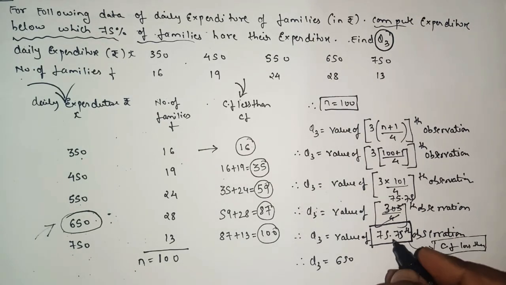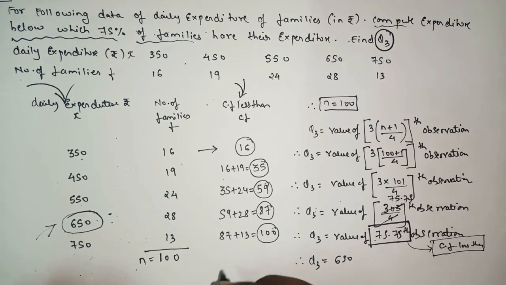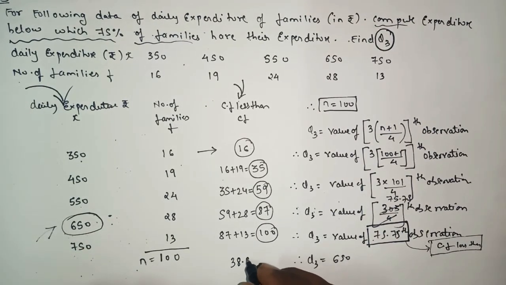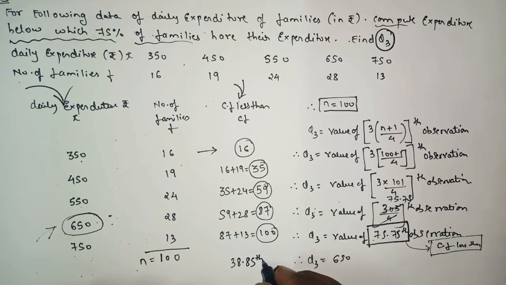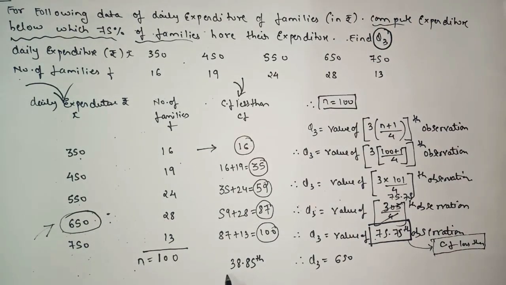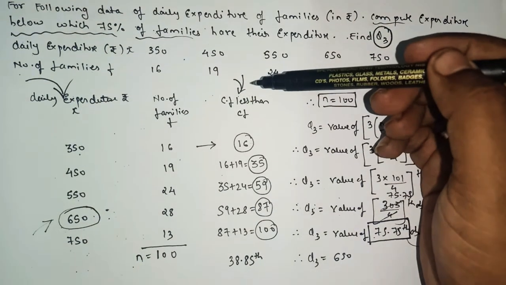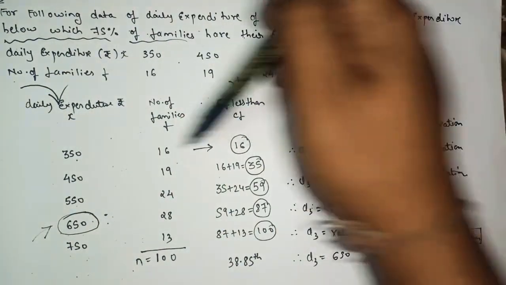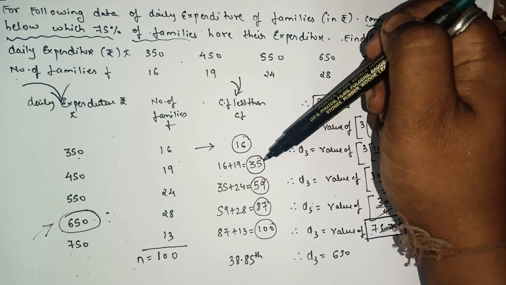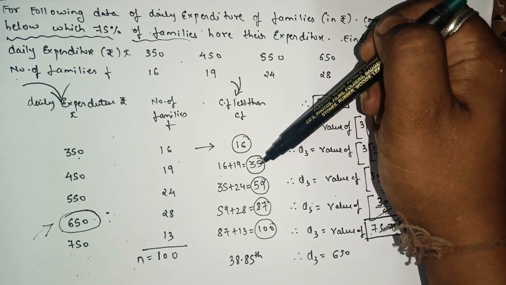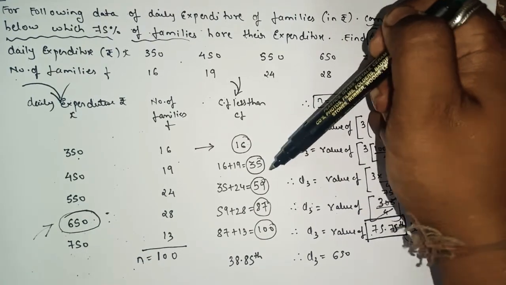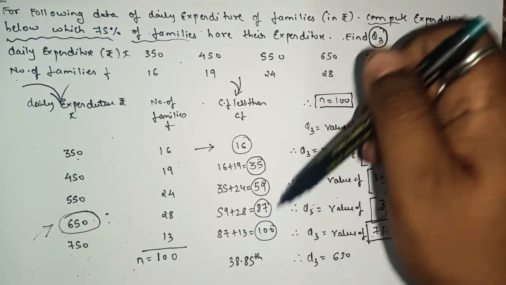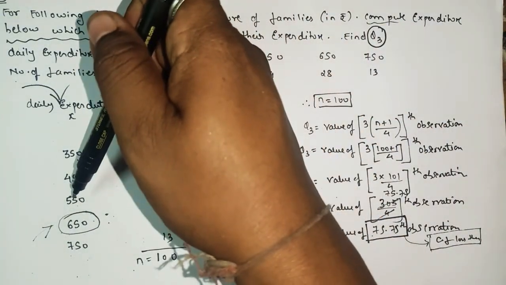It is very simple. Suppose 75.75 is replaced by 38.85. So what will be the answer? Simply check in the cumulative frequency where it lies. The first row is still 16. In the second row, from 17 to 35, and from 36 to 59, so 38.85 will lie in the third row.